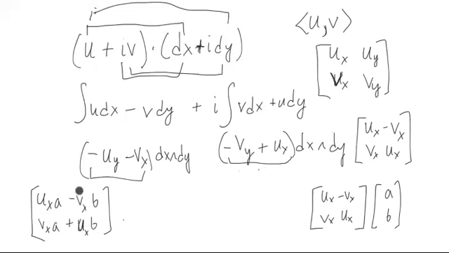So quite literally, you could think of this as the real part plus I times VXA plus UXB, just like that.